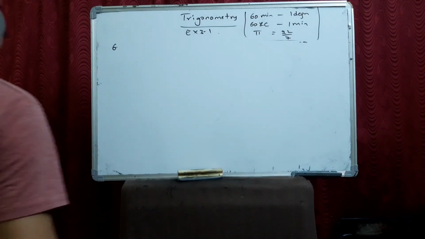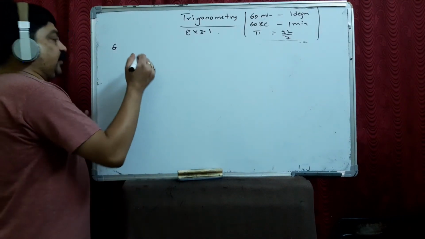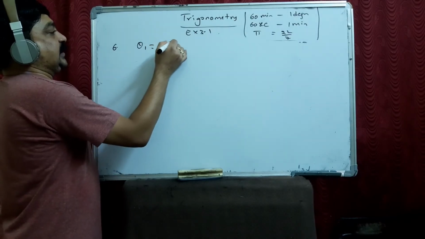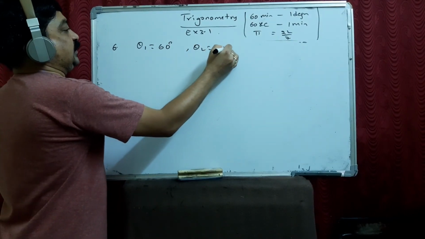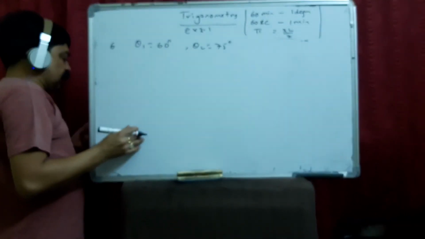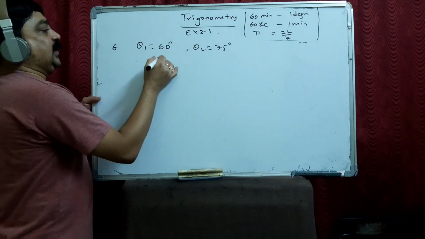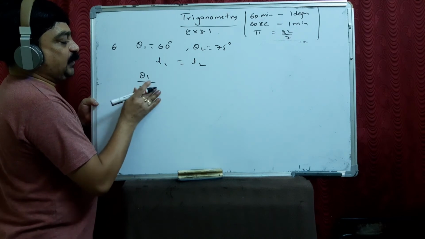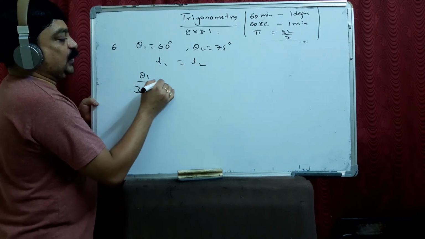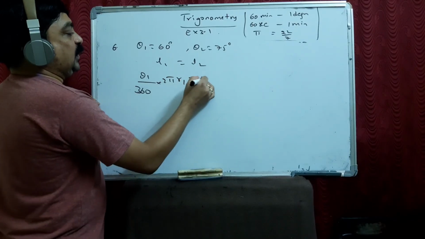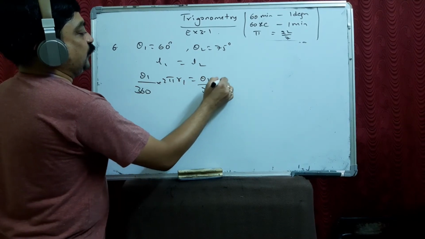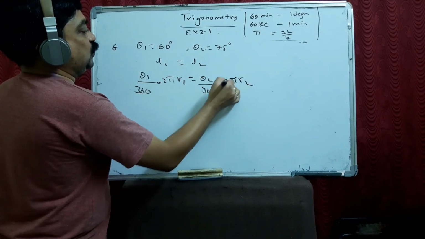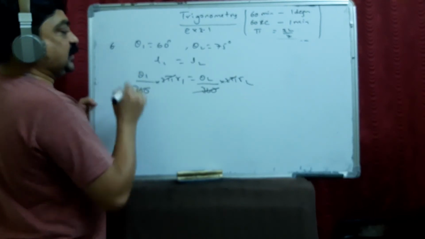Okay, see the sixth problem. What did they give? They give two angles. Theta 1 is 60 degrees and theta 2 is 75 degrees. What did they say? Same length. L1 equals L2. L1 formula is theta 1 by 360 into 2 pi R1, and L2 is theta 2 by 360 into 2 pi R2. 2 pi cancels, 360 cancels.